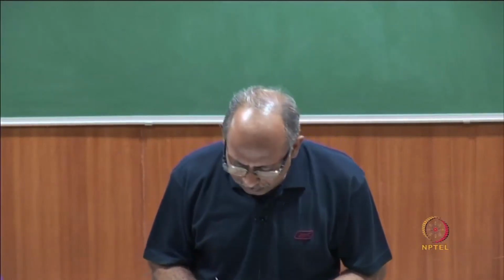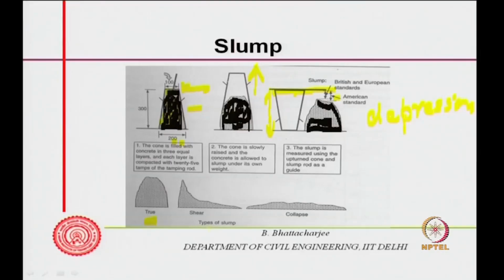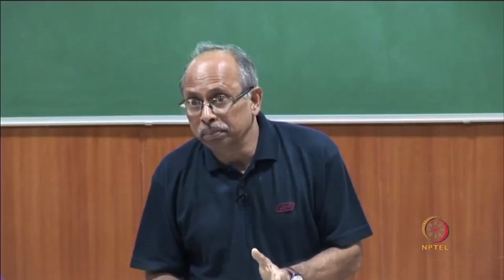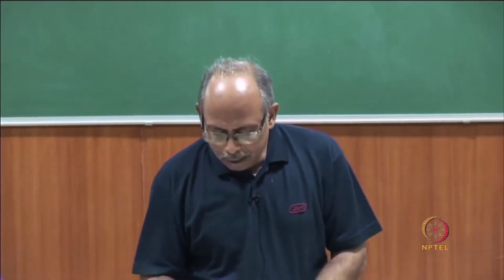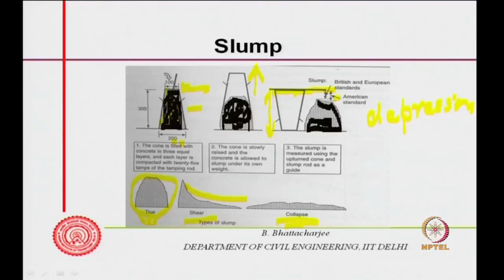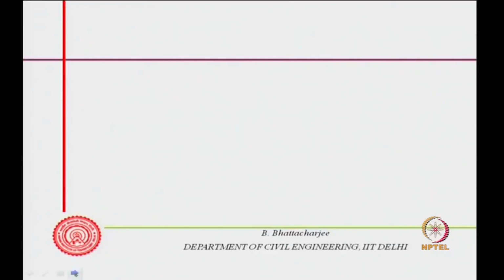So, you can in fact classify: this is true slump, this is shear slump, it is just simply sheared off, and collapse slump, which is actually flat. Normally, higher the slump, flowing concrete will show this kind of collapse behavior. Most of the ordinary concrete of the good old days, normal concrete, would show this kind of true slump. So, this is one test.